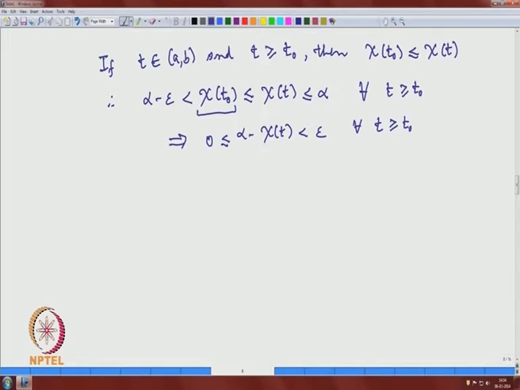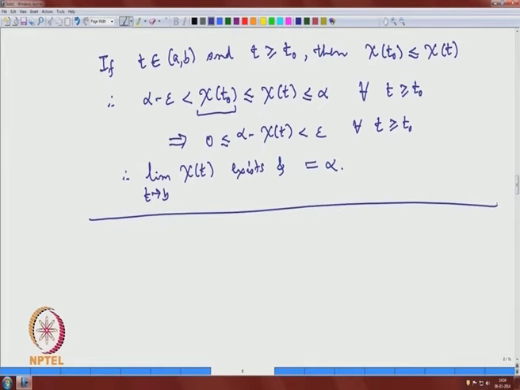And this is the same as saying that, therefore, the limit of chi t as t tends to b exists and equals alpha. Okay. So, that is a very simple thing, but a very useful one. So, this we will see in many situations.